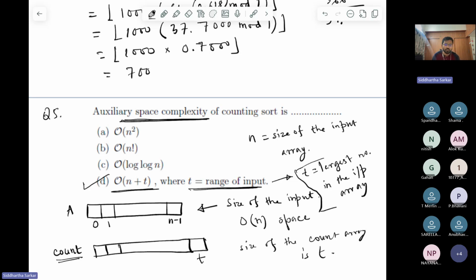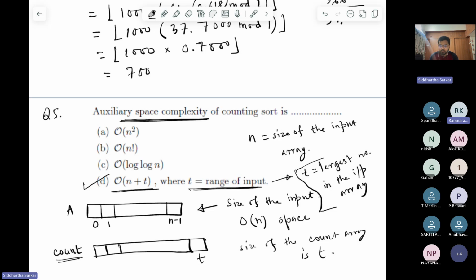All right. Both Alok and Gahan are correct. Is there anybody else? Is there anybody who thinks that D is not the correct answer? Some other option is correct? Yes.